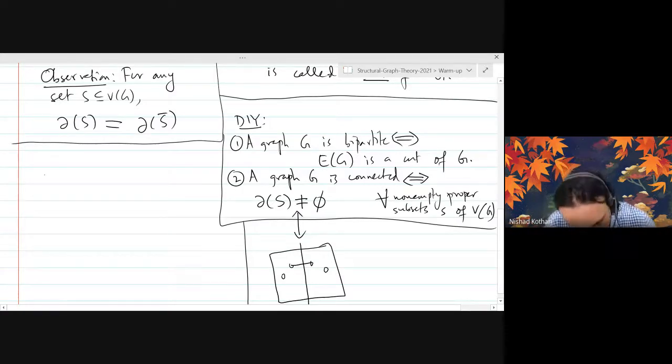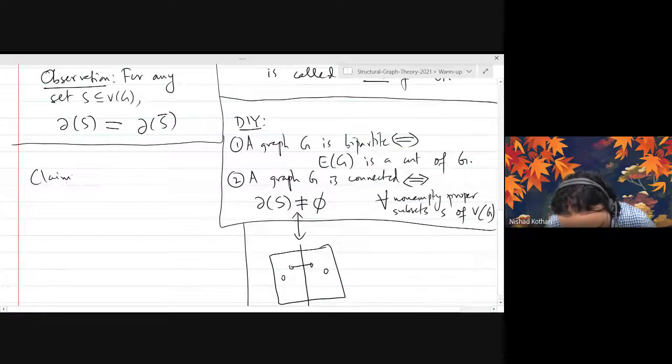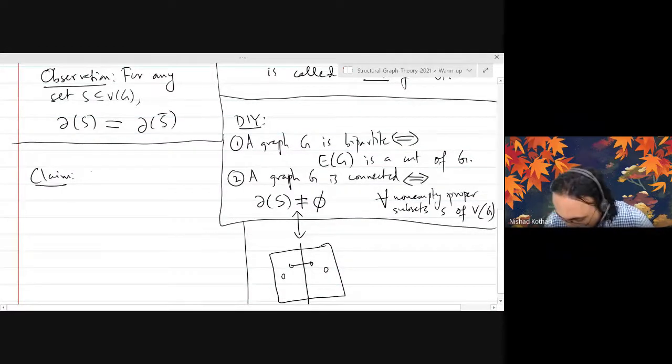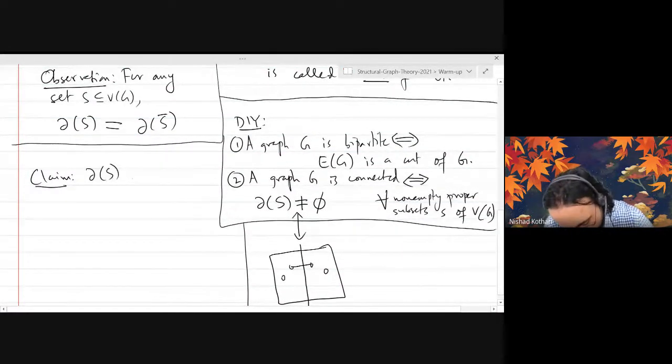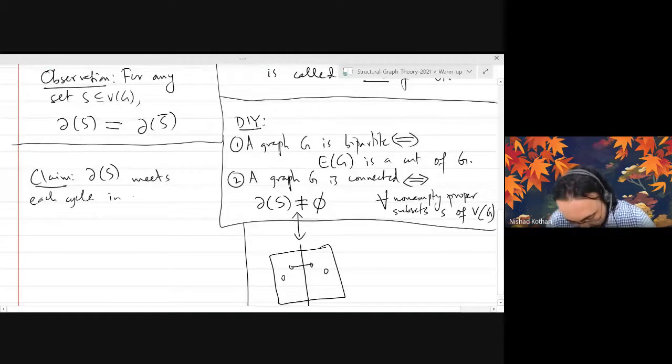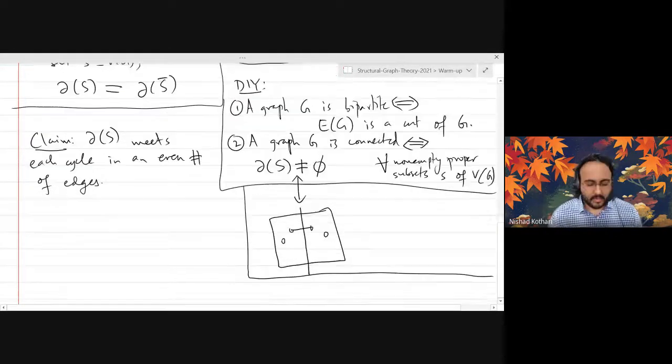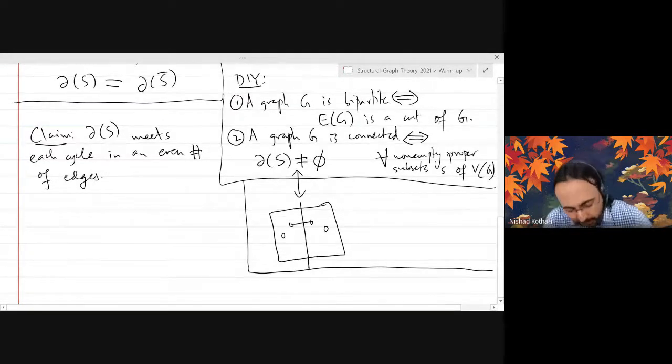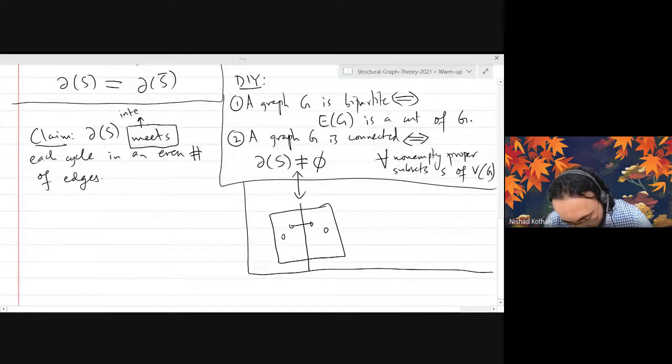Our goal is, let's make a claim. If you look at any cut of the graph, it will meet each cycle in an even number of edges. And what do I mean by meet? I mean the intersection of the cut with the cycle is an even number of edges.